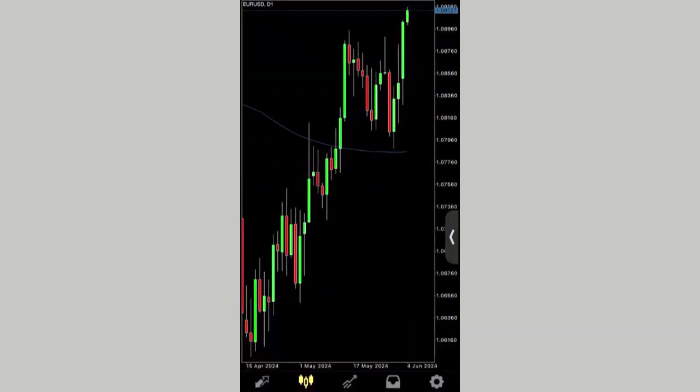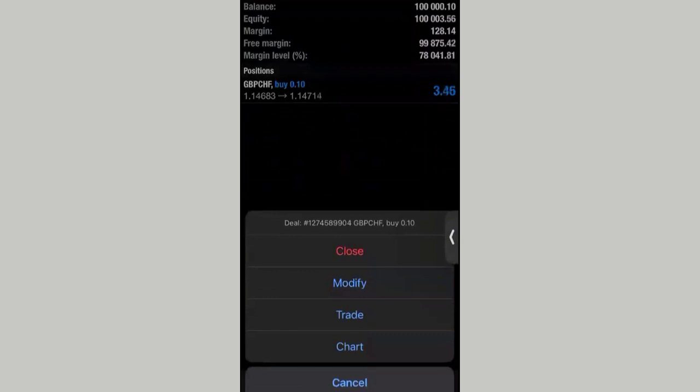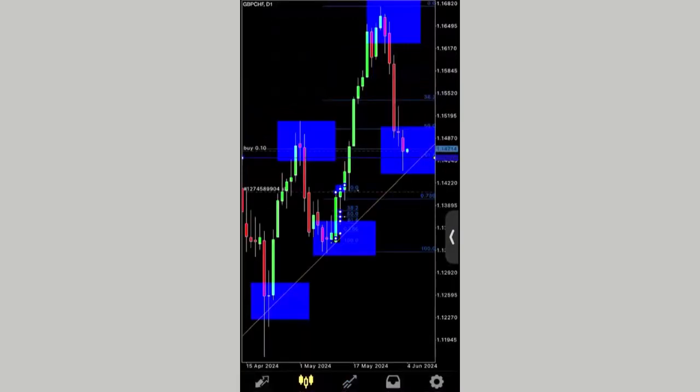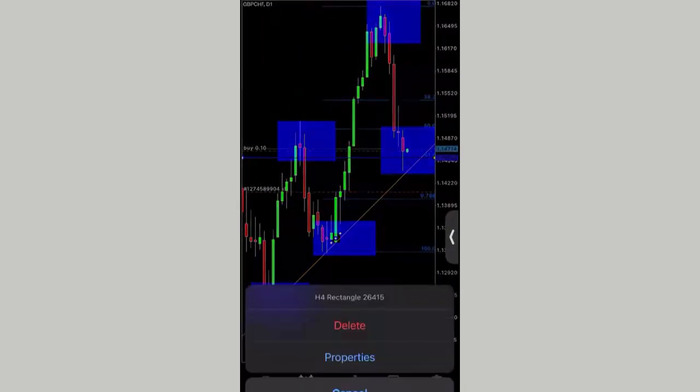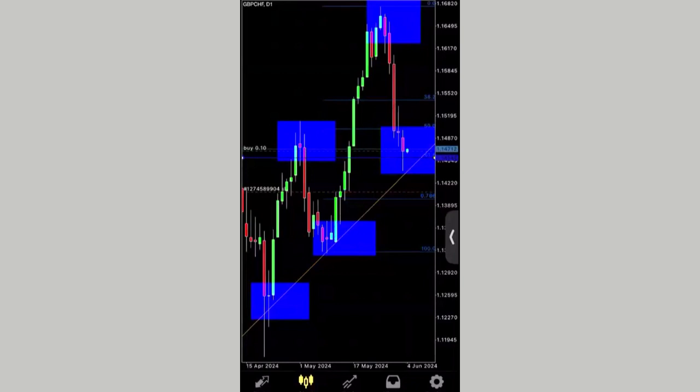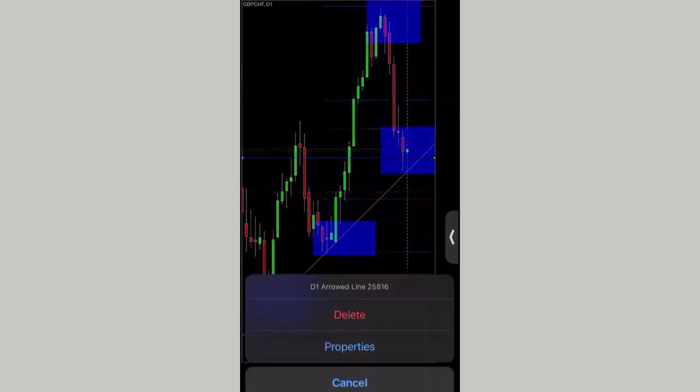At a certain point in the market, I'm just going to delete these so it's not too much clutter on here. So when you're in a trade, you don't want to leave everything at stake. When you get to a certain level or point, and let's say you're up about $100 in a trade, you can take partials.